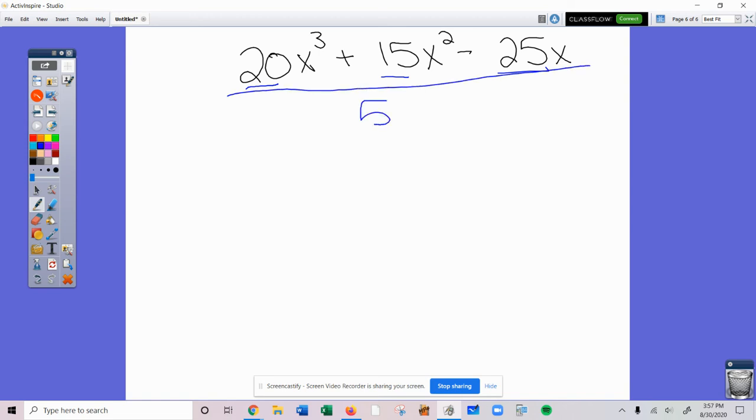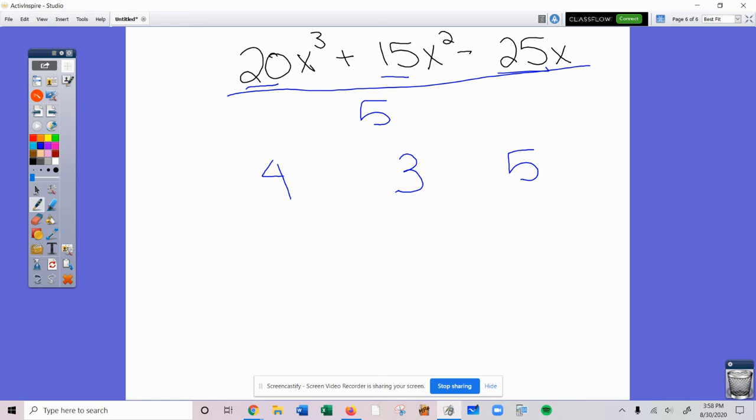Okay, and they are all divisible by 5. So 20 divided by 5 is 4. 15 divided by 5 is 3. 25 divided by 5 is 5. Okay, so I'm left with a 4, a 3, and a 5. There's nothing else that will go into all 3 of them.